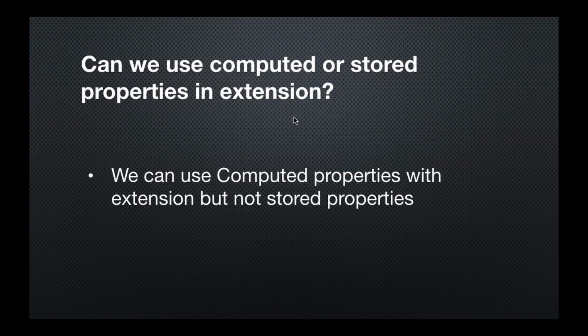But you can use computed properties in an extension. I would suggest you open your Xcode and test it as well. Create an extension of your view controller and try to create computed properties. You will be able to create computed properties, but when you try to create a stored property, you will get a compiler error itself. So please do check that.